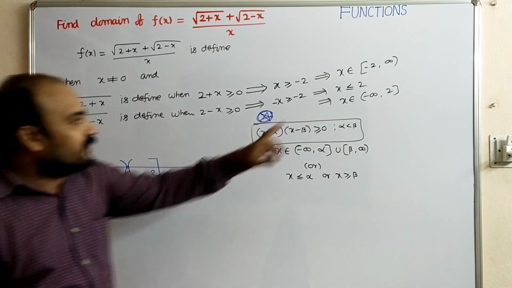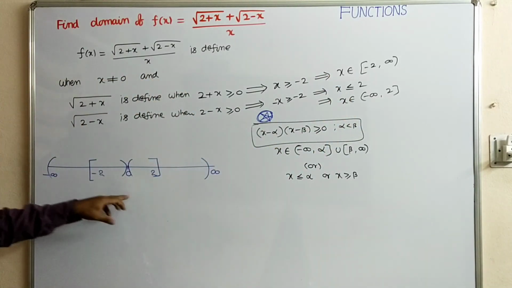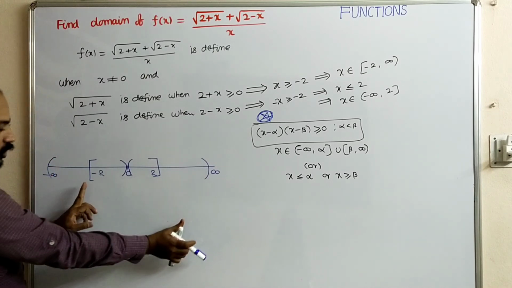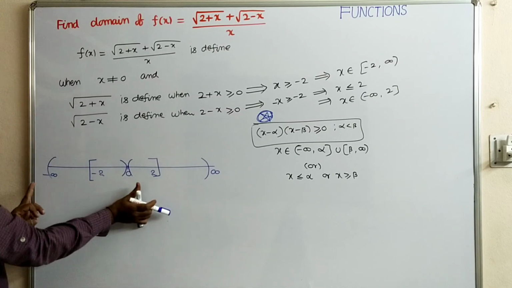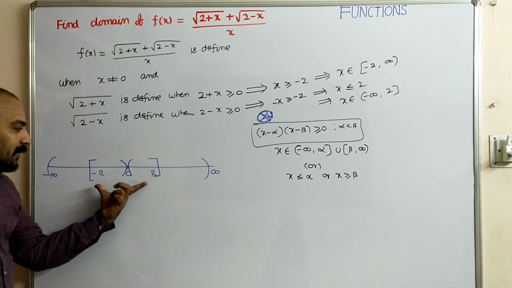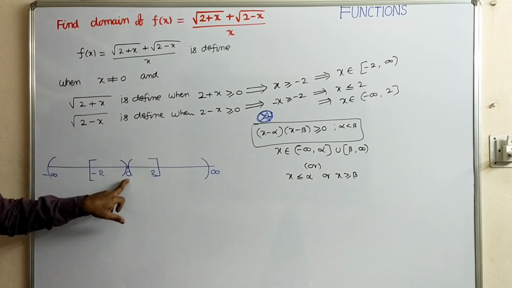In these two intervals, x should not be equal to 0, and the intersection of these two intervals, closed interval of minus 2 to infinity and open interval of minus infinity to closed 2, the common intersection part is this. In this, x should not be equal to 0.